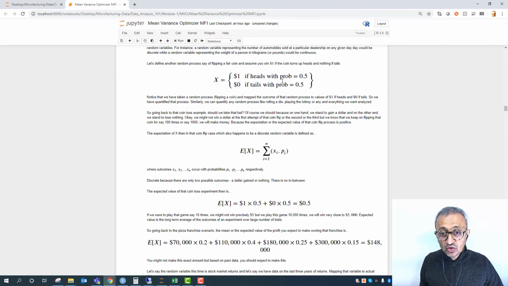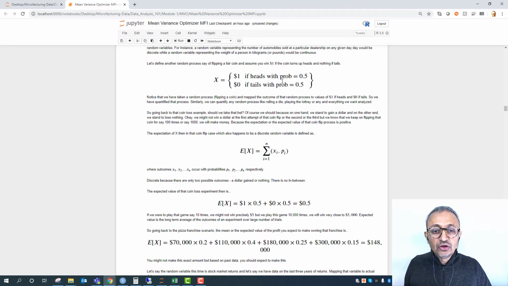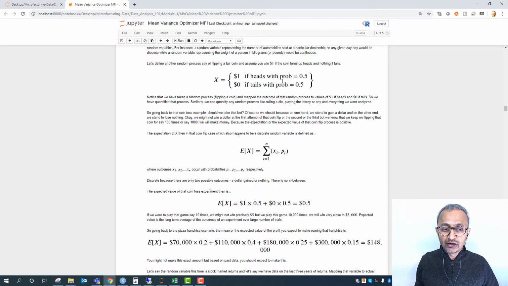That is a chance, right? But you know that if you were to do that coin flip experiment, say 100 times or 1,000 times, on average you're going to have 50-50, right? 50% of the time it's going to be heads and 50% tails.